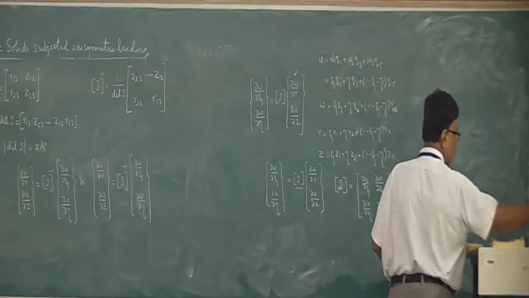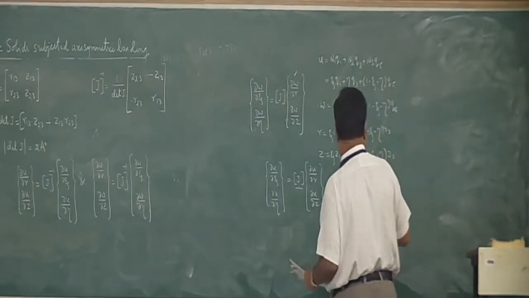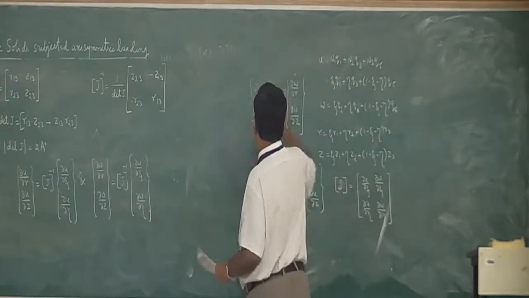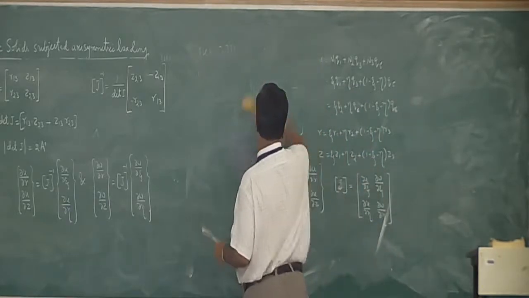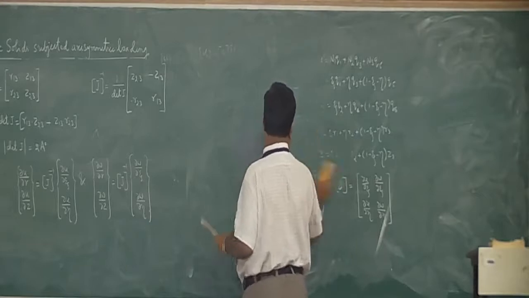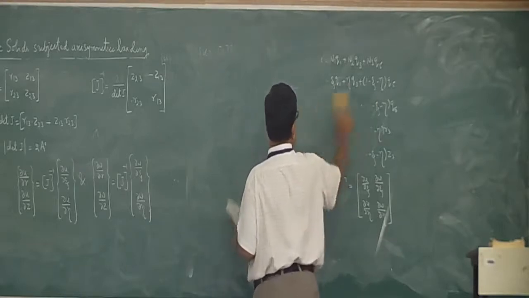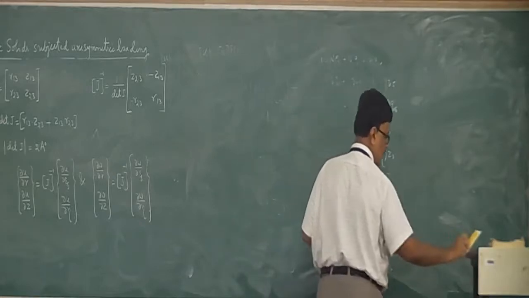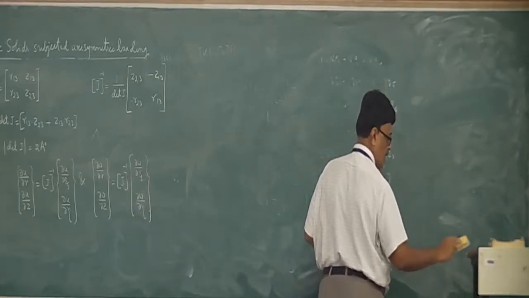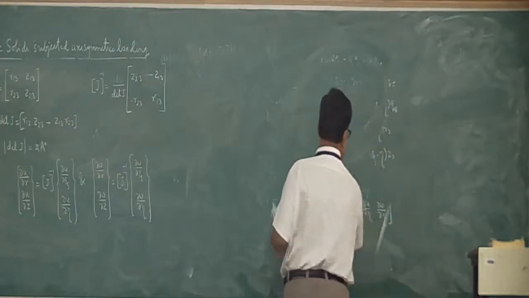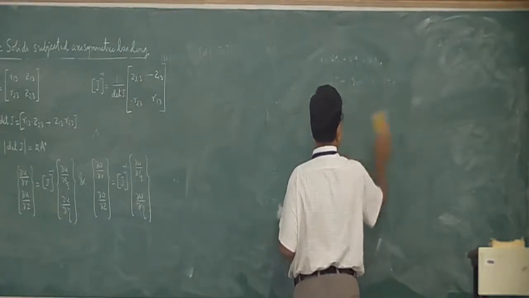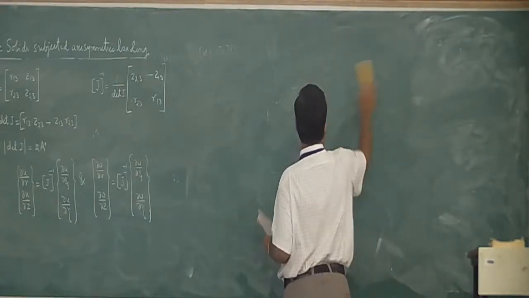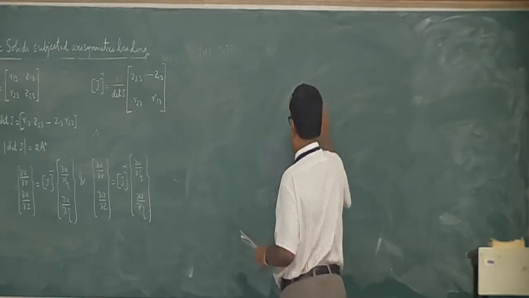So if you substitute all these things, let us now substitute all this, whatever we have found out, in our epsilon matrix. I have already told you what is meant by the epsilon matrix in the beginning. Let us quickly write there.